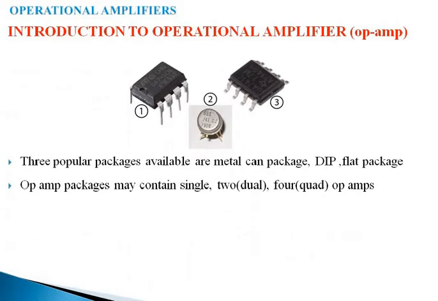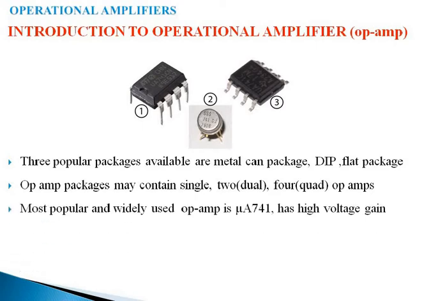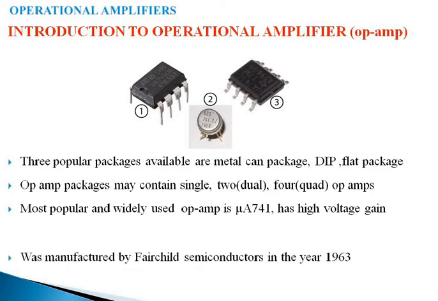Now, these are the 3 popular packages available of op-amp, that is metal can package, dual-in-line package, flat package. And these op-amp packages may have single or dual or quad op-amps. The most popular and widely used op-amp is µA741 and it has high voltage gain.